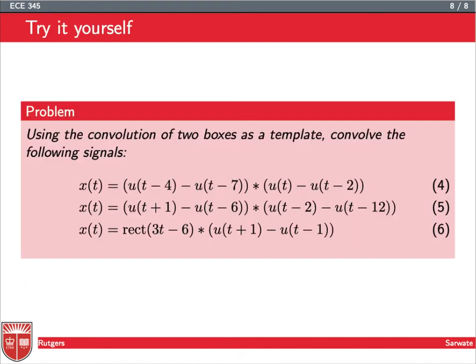So let's try a couple more boxes. Why don't you try convolving these different boxes and see what you get. The key here is to apply the LTI system properties. If I delay the input by something, then I delay the output by the same amount.